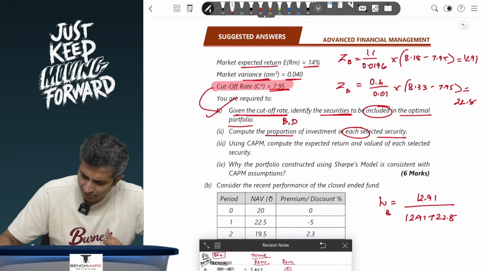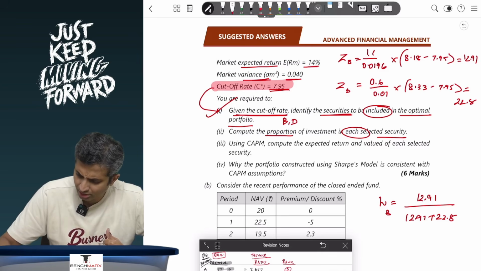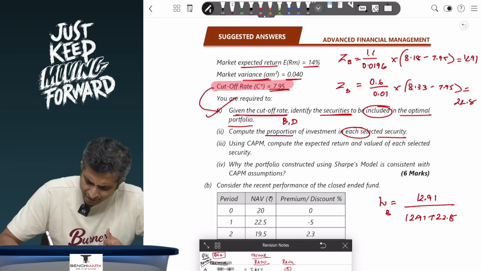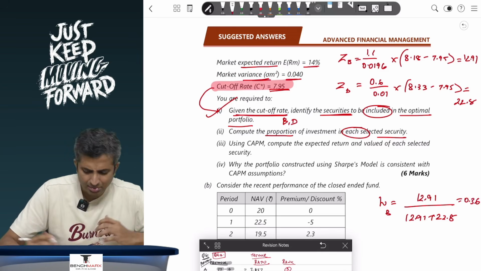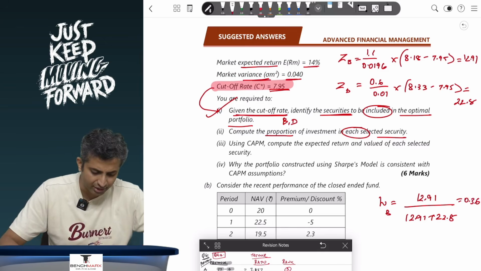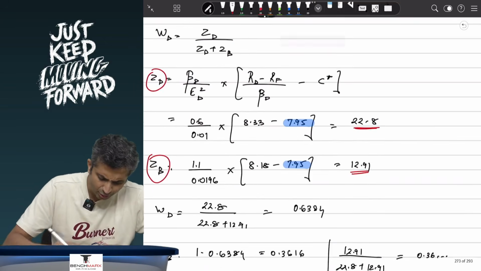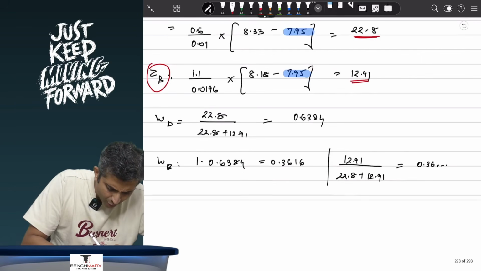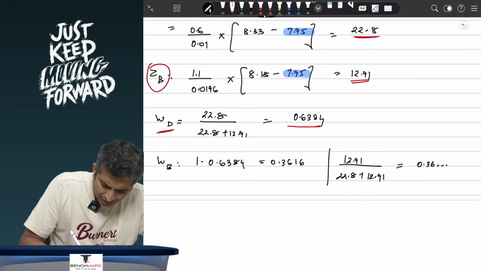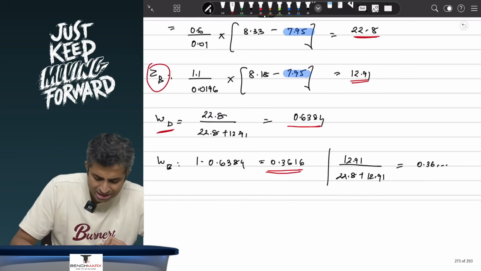This is approximately 0.36. And the remaining 0.64 should be allocated to D.